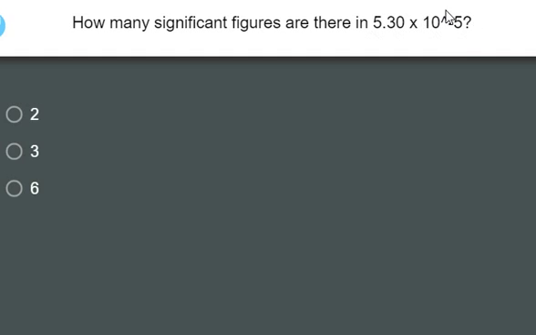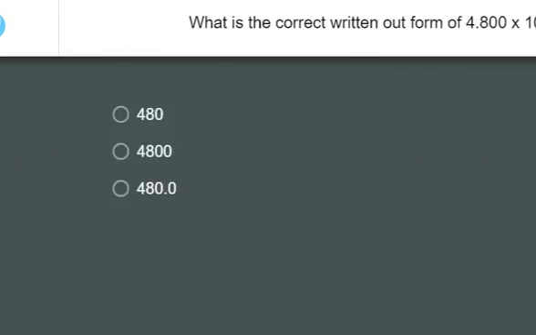This part, 10 to the negative 5, or if it was 10 to the 15th, it doesn't really matter, is never significant. So in scientific notation, it's always the numbers right here that are significant. So the 5, the 3, and the 0 are all significant, and your correct answer here would be 3 significant figures.